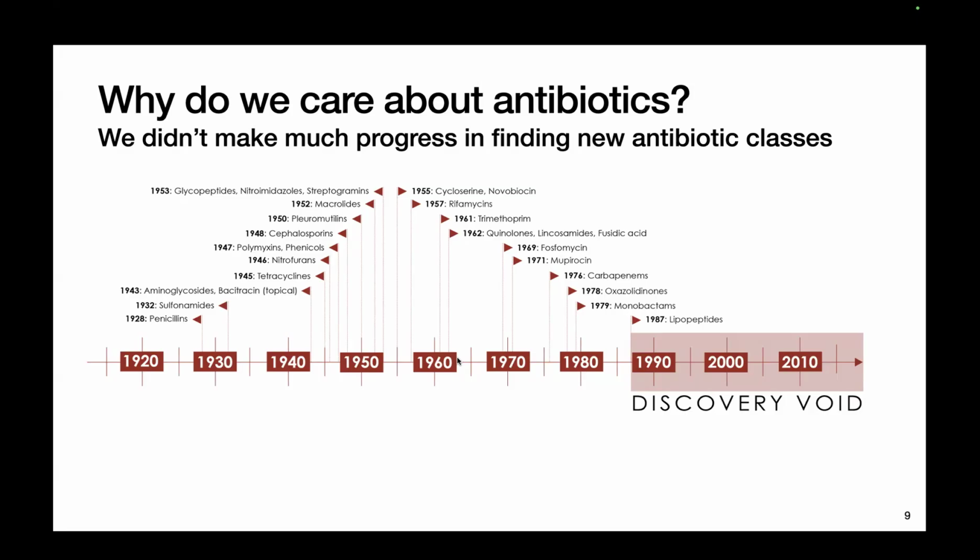This is a trajectory of antibiotic discovery since the discovery of penicillin. Of course, penicillin was discovered without AI. It's a very interesting story, and it was discovered around the year 1920.